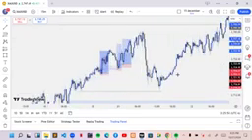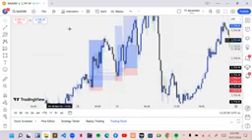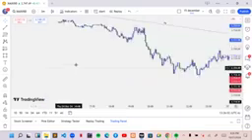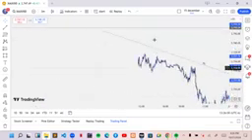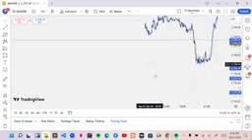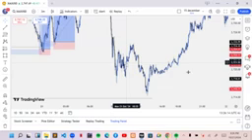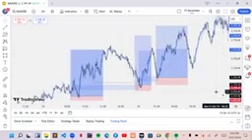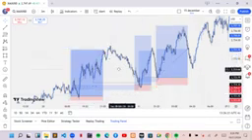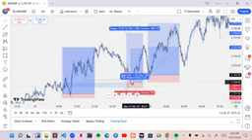Same as here. So same here. This is my POI that I was looking for a buy here in the market.